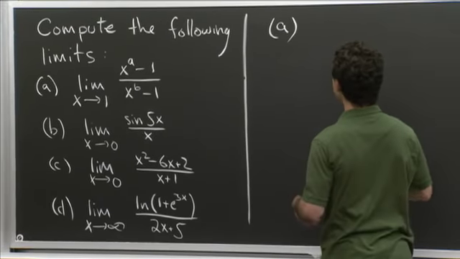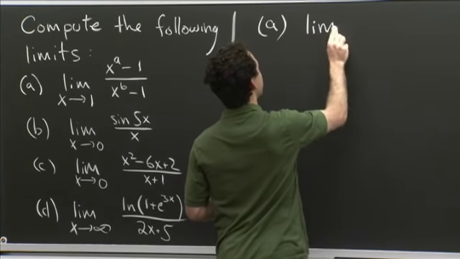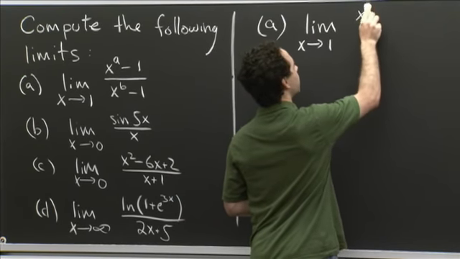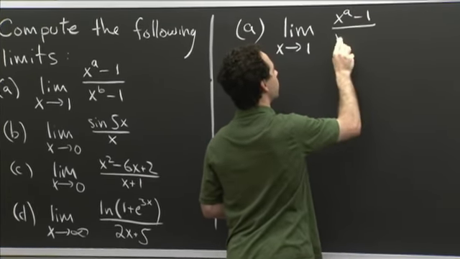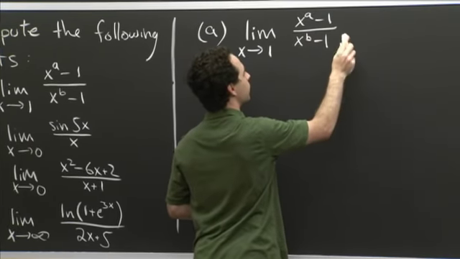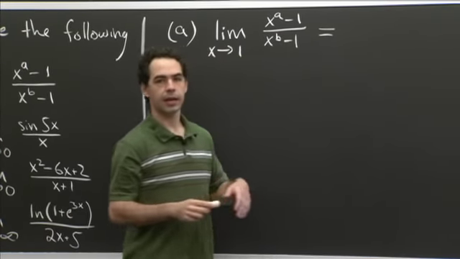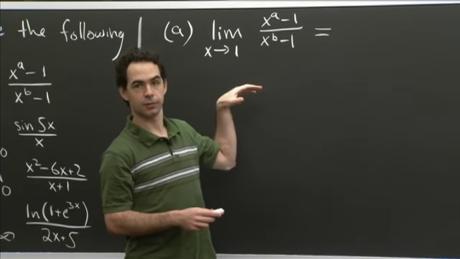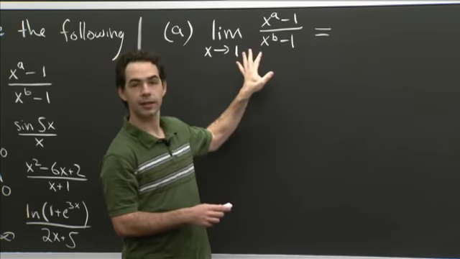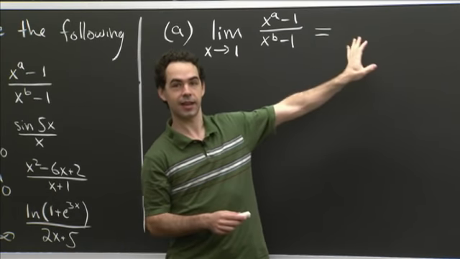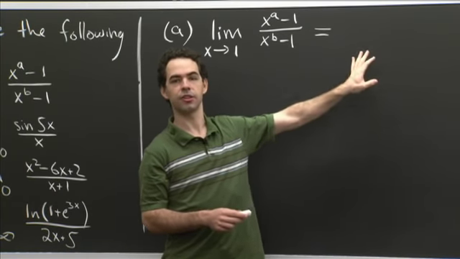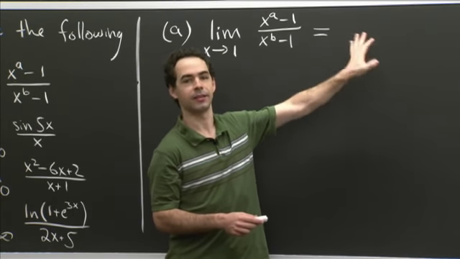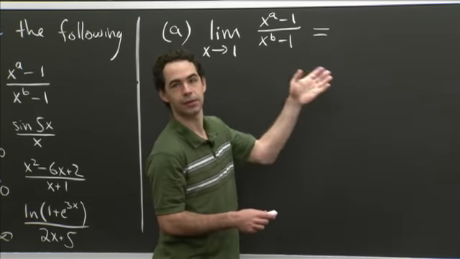So we apply L'Hopital's rule. What it says is we can take the derivative of the top and the derivative of the bottom, and then the limit of the original expression will be equal to the limit of the result, provided the result actually has an existent limit, either a real number or infinity or minus infinity.